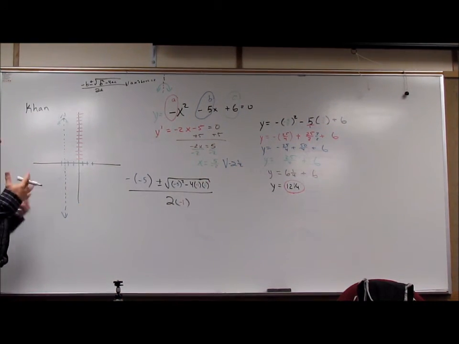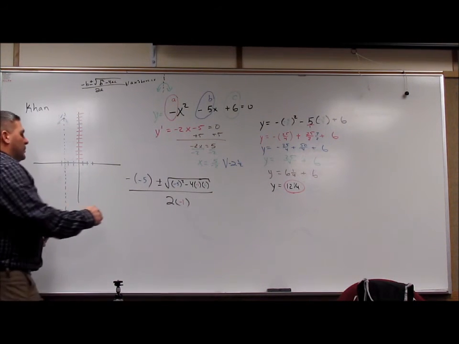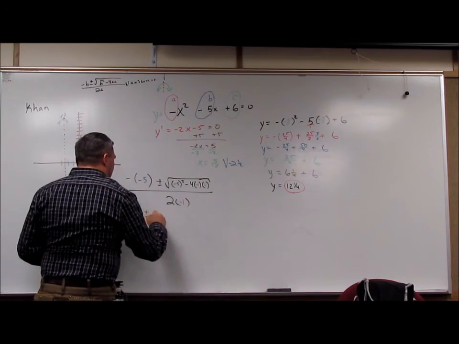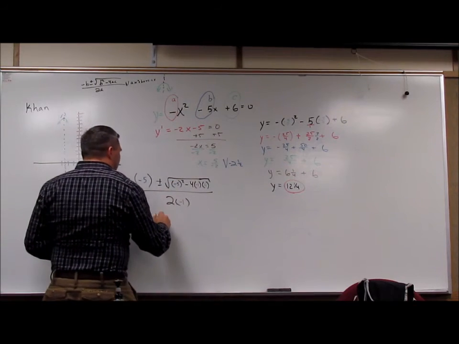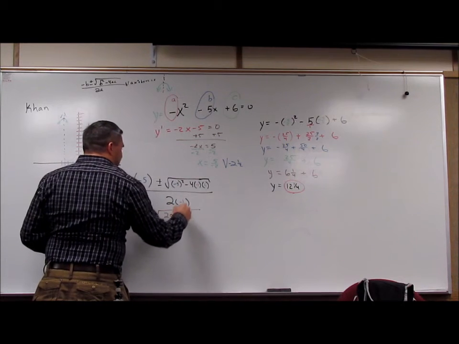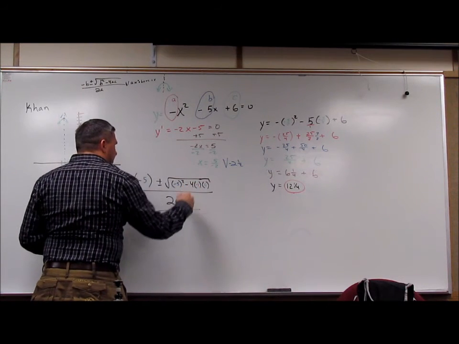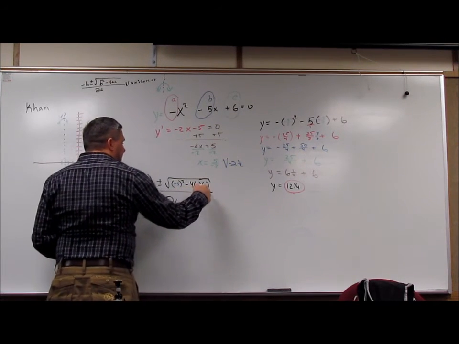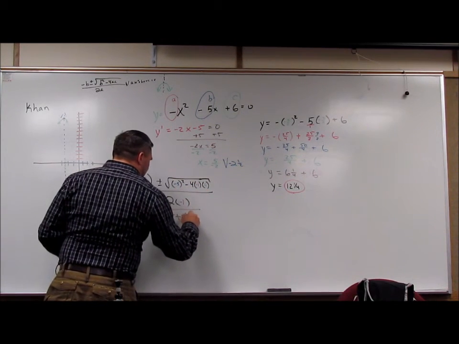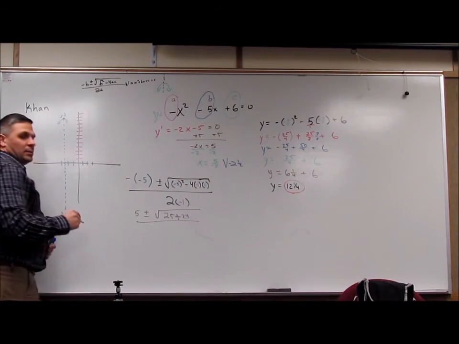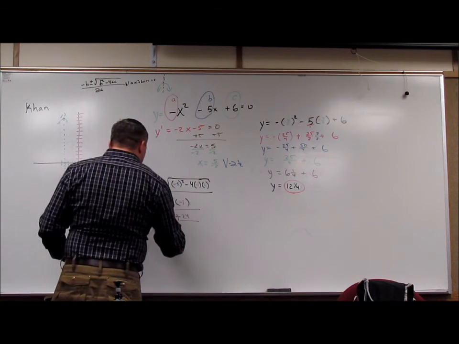And so when I do this math, right away, this negative and negative makes this a positive. Plus or minus the square root of 25, minus times a minus is a plus, so plus 4 times 1 times 6, which is 24, all over 2 times negative 1, which is negative 2.